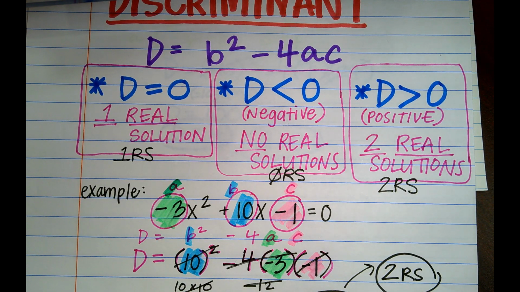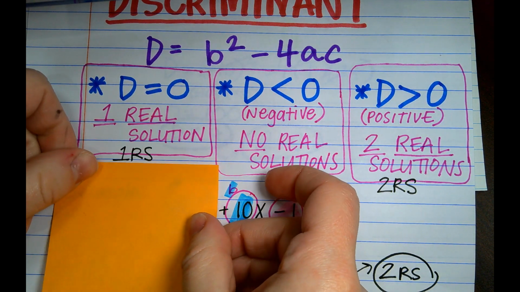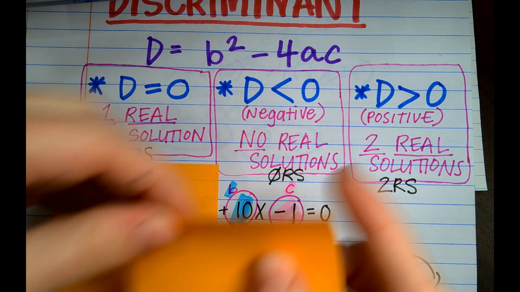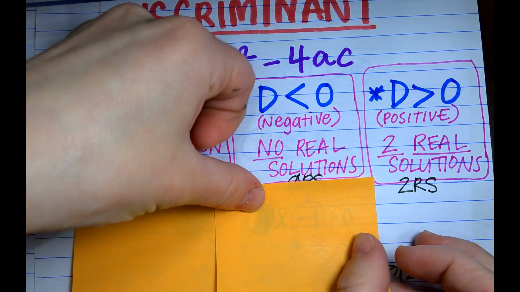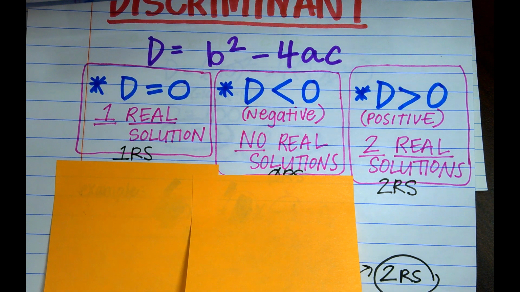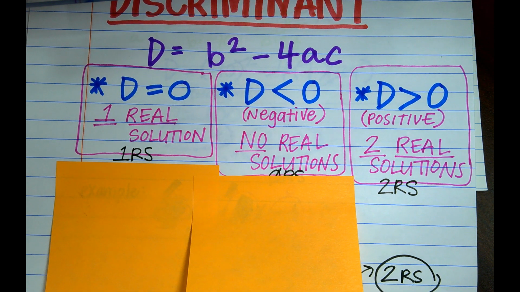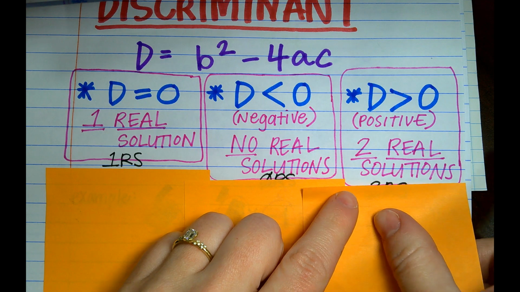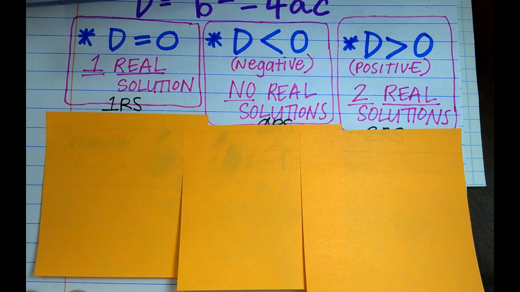And I don't have a ton of room left on here, so I'm going to use sticky notes to show visually what this means. I'm going to use 3. If anybody does not have sticky notes at their table and they're wanting to copy what I'm doing, let me know. I have lots of extras up here at my desk. So I'm going to do this.